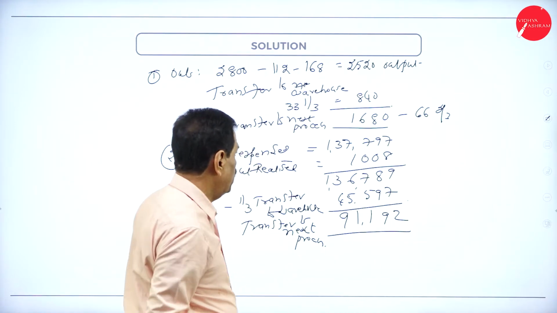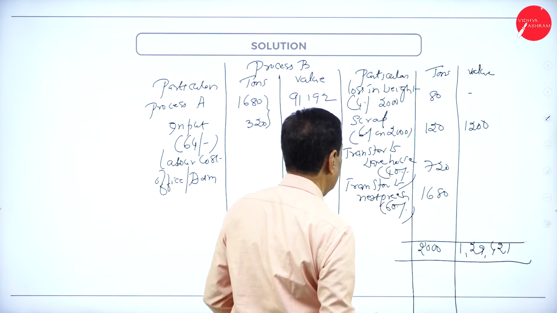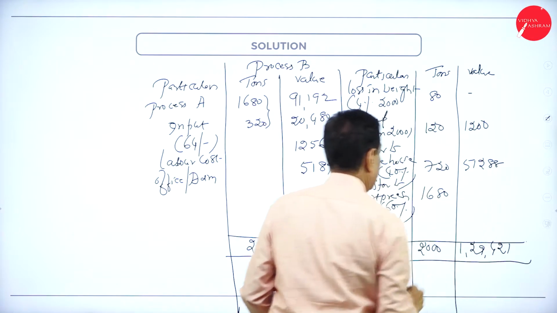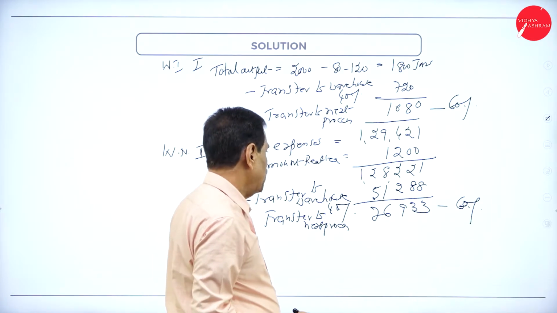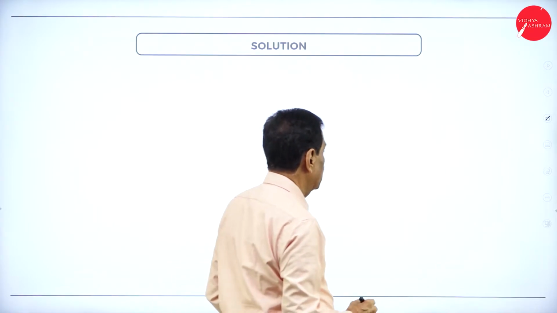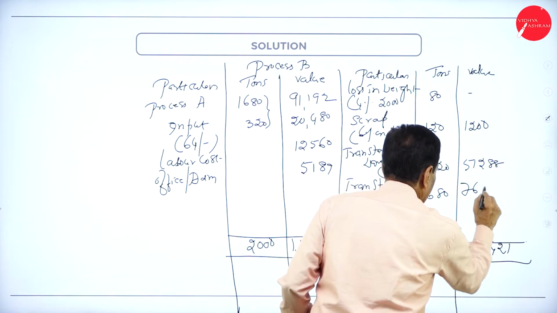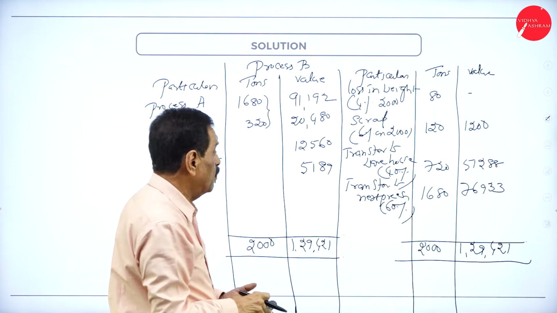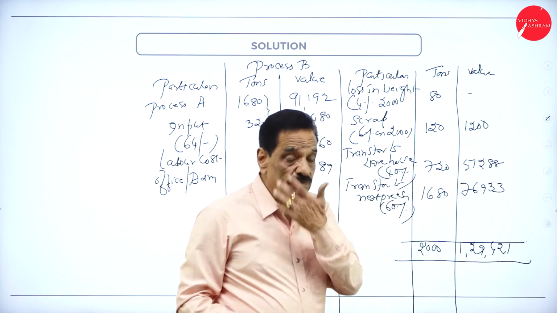Value 720 is 51,288. Then 60% is 76,933. So 60% goes to next process, whereas 40% will go to warehouse.